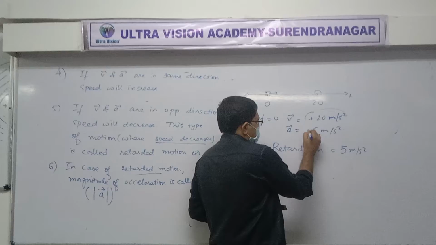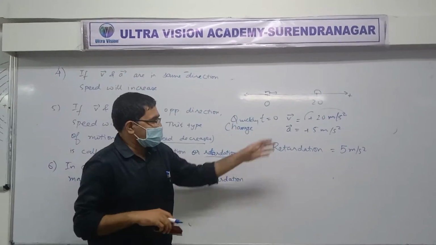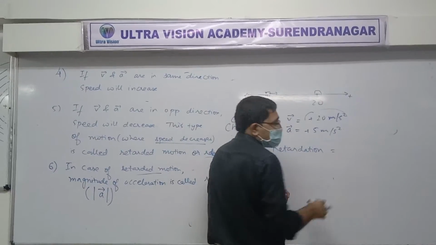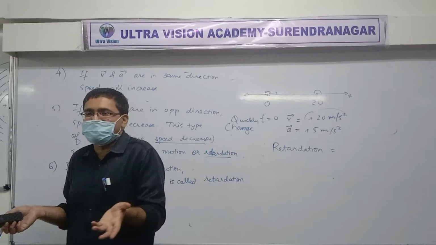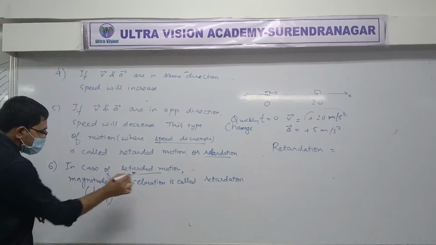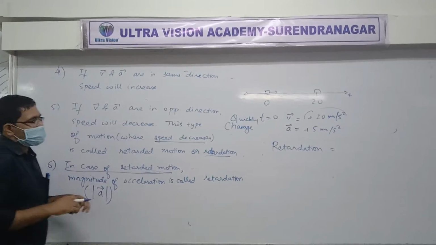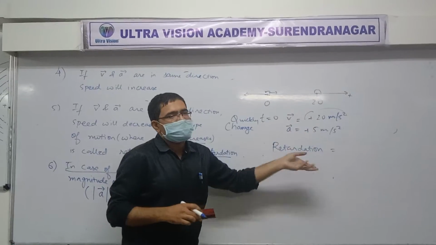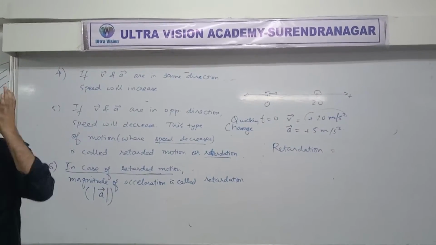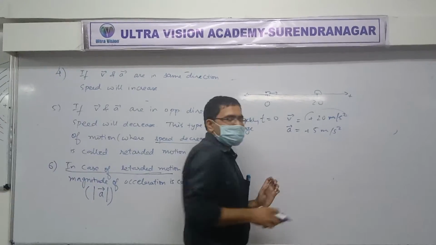If it's like this and someone asks you what's retardation? No, wrong question. There is no retardation. Is this retarded motion? No. So then what is retardation? This is not retarded motion, so that's why there is no scope of retardation.